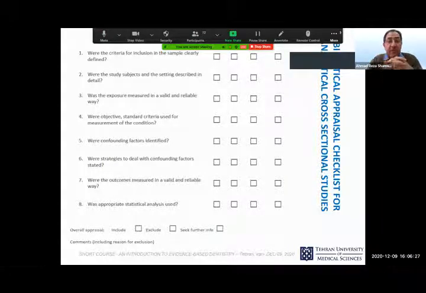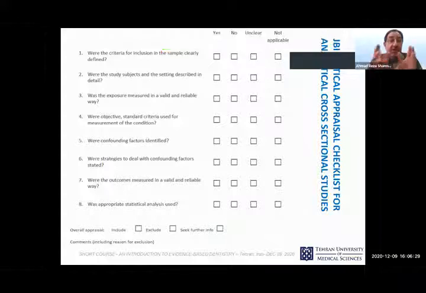Otherwise, if your patient's characteristics are not included in the study, the results of this study may not be appropriate for your patient. The second question: were the study subjects and the setting described in detail?